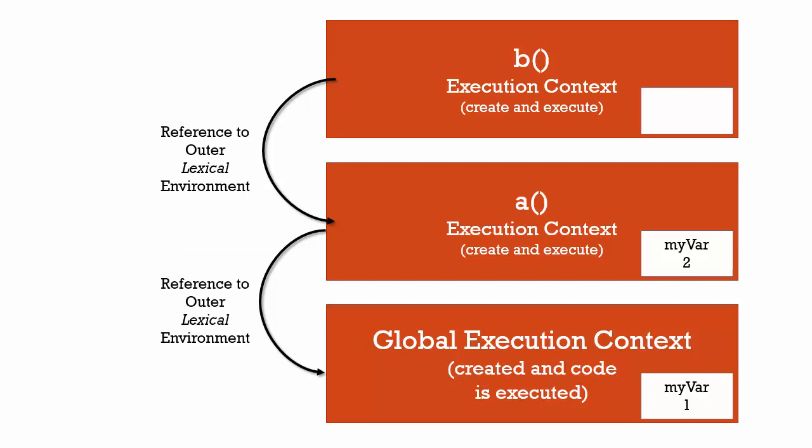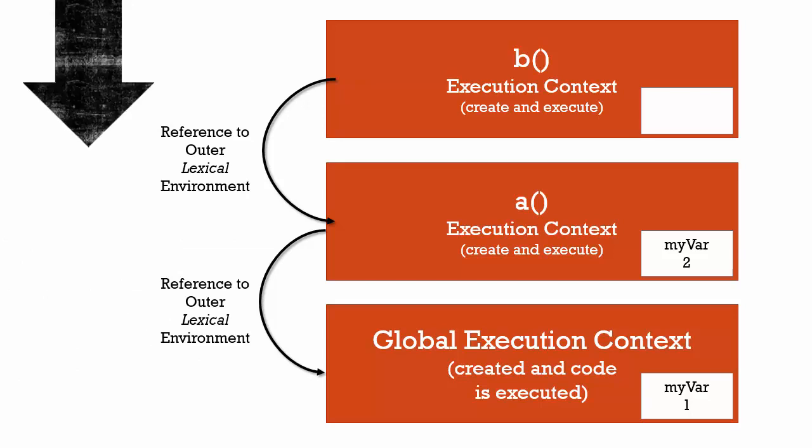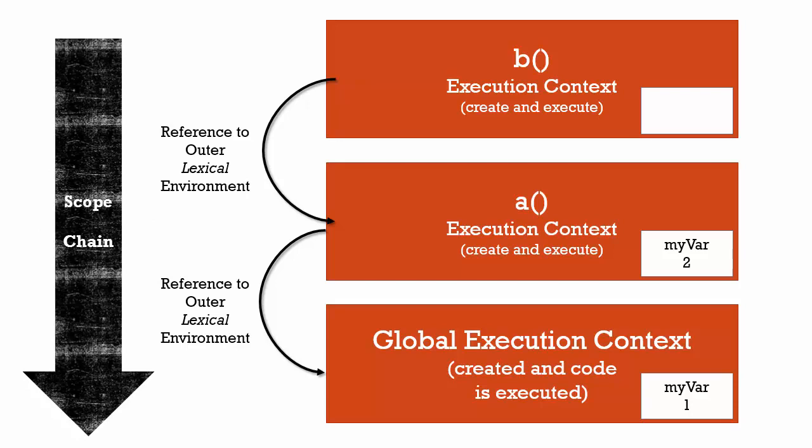And so when we asked for myvar this time, when it went down the scope chain because it couldn't find it in B, instead of going to global, it went to A. Found myvar. It said, hey, you asked for myvar, and when I went to the outer lexical environment, I found myvar, and so it's 2. Make sense?